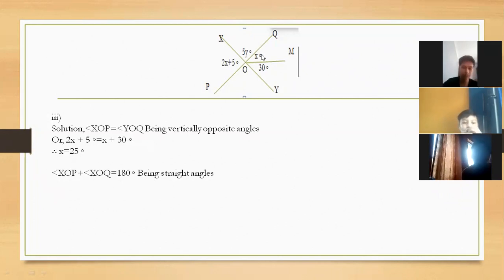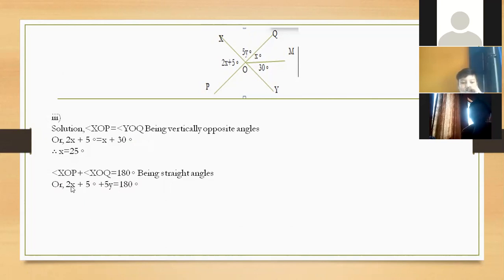Okay, now look here. When we add them, XOP is 2x plus 5. XOQ is 5y. 2x plus 5, what will it be? 2 into 25 means 50, because x was 25, 50 plus 5 is 55.